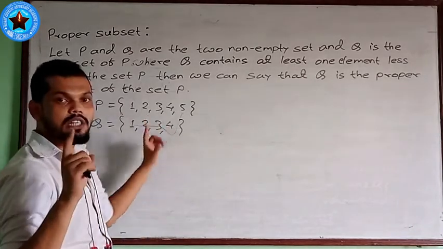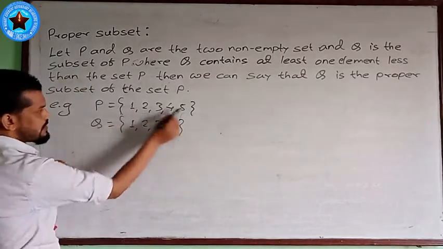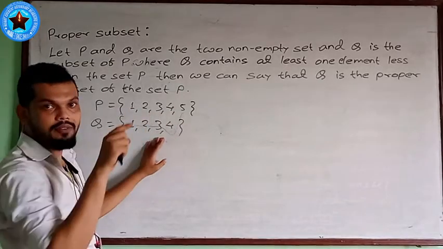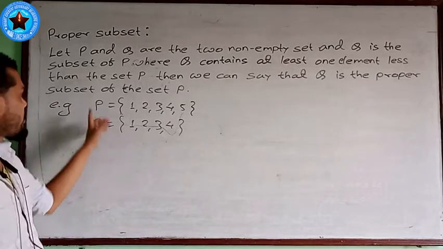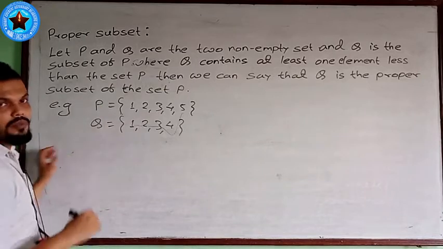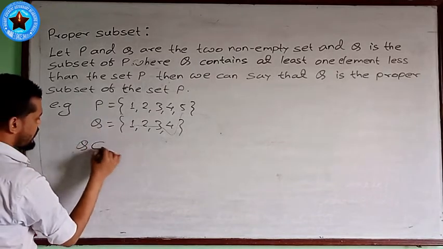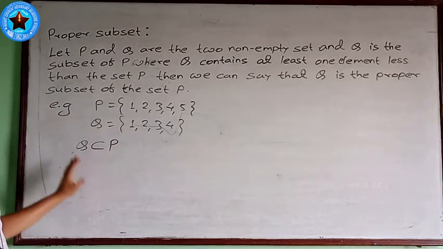That means it should contain at least one less element. Here P has 5 elements, but Q has 4. This 4 is less than 5, so we can say that Q is a proper subset of P. We write it as Q is a proper subset of set P.